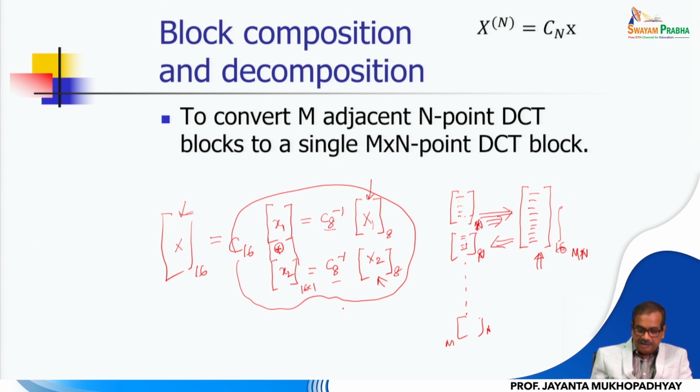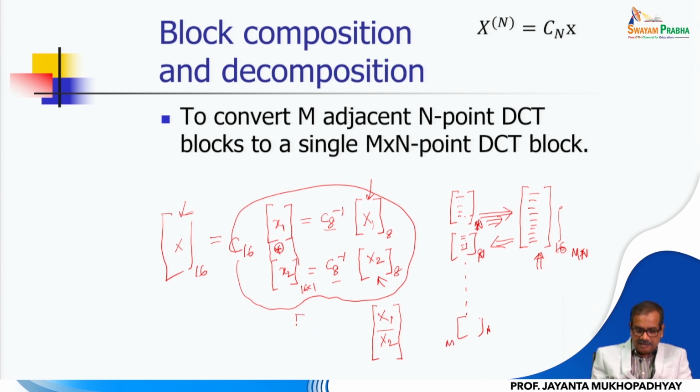Let us consider a column where this position is X1 and this is X2, the way it is arranged in the block structure of the compressed domain representation. I am just considering the vector. So, X1, X2 are stacked in the column.